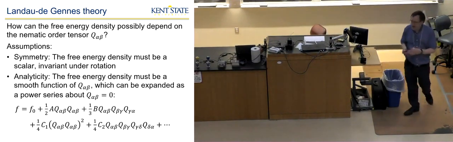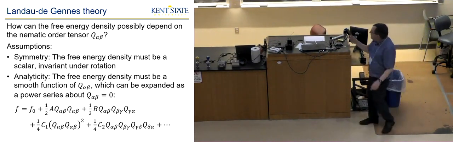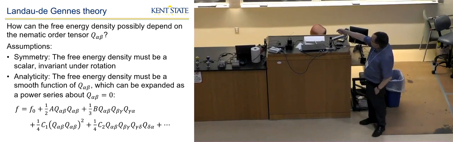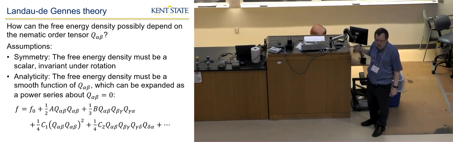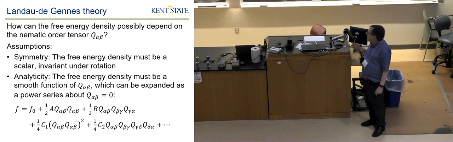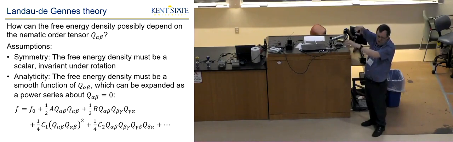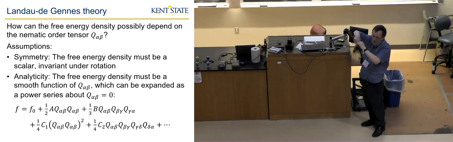Okay, what can you do as a quadratic term? Well, you could make this combination of tensor indices. This is like taking the Q matrix times the Q matrix, matrix multiplication, and then the trace of that matrix product, so the trace of Q squared.